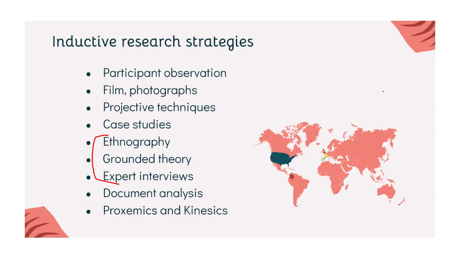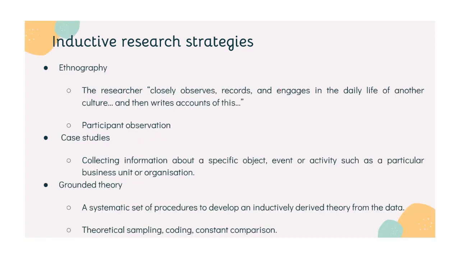These are all really famous, especially in our field, where we tend to look at these three. But if you are in arts, you might want to use photographs and film to analyze your research. That doesn't mean you have to limit yourself to this. You are open to do whatever is suitable, like I said, based on your research question.